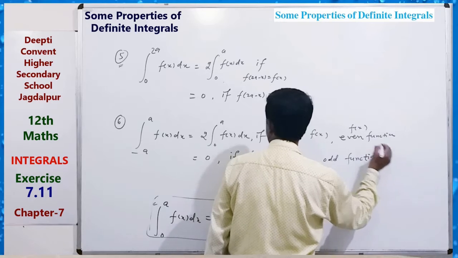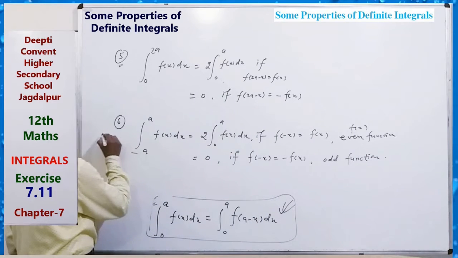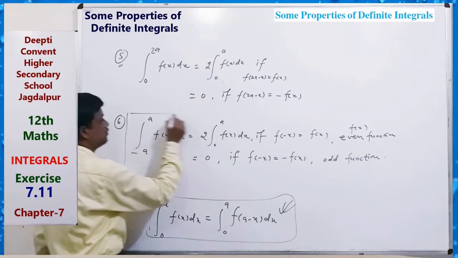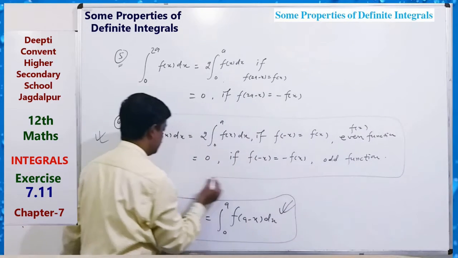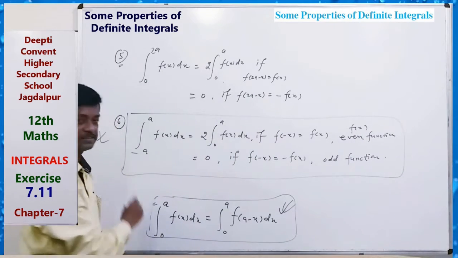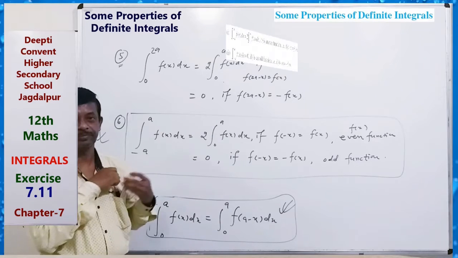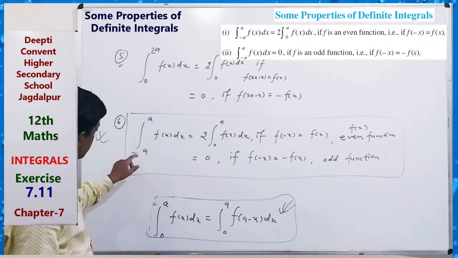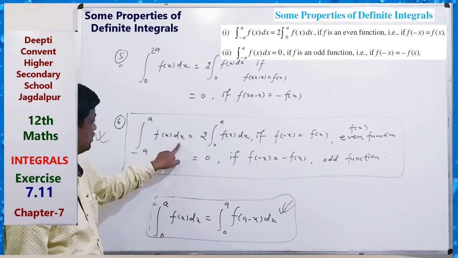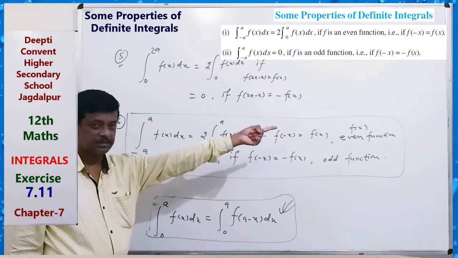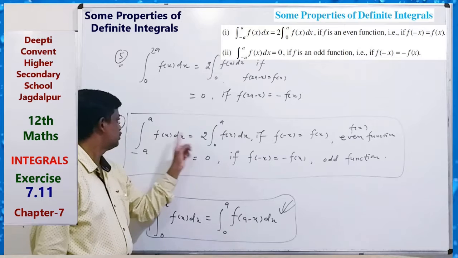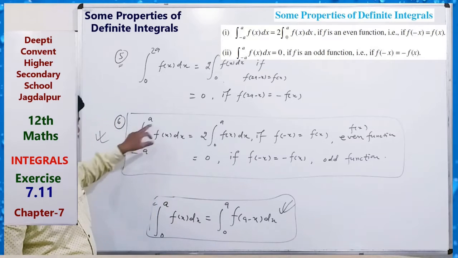So these are very important properties. Clear? Our property is: the integral from minus a to a of f(x) dx. If f(x) is an even function, then this equals 2 times the integral from 0 to a.